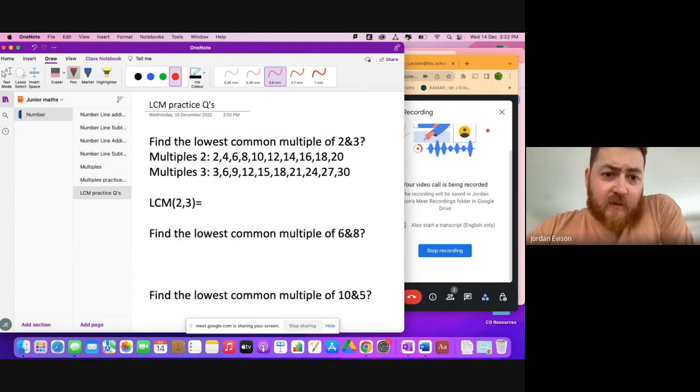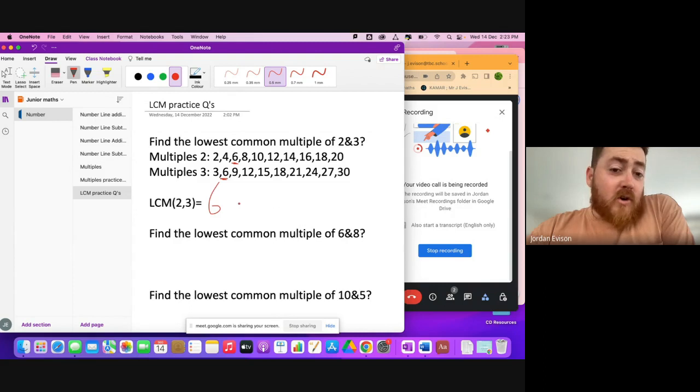No. Is 4 on this list? No. Is 6 on this list? Actually, yes, it is. 6 exists here and here. So 6 is a common multiple, and it is the lowest common multiple because there's no number less than 6 that exists on both these lists. So the lowest common multiple is, of course, 6.